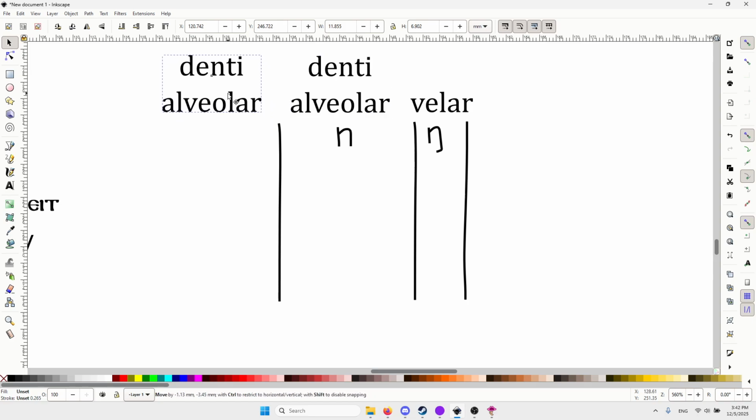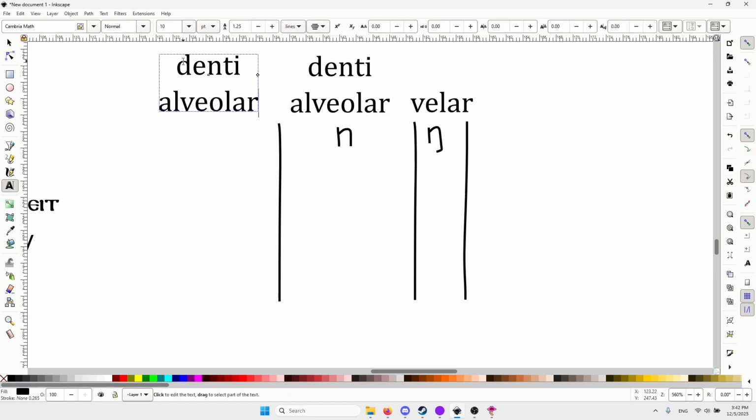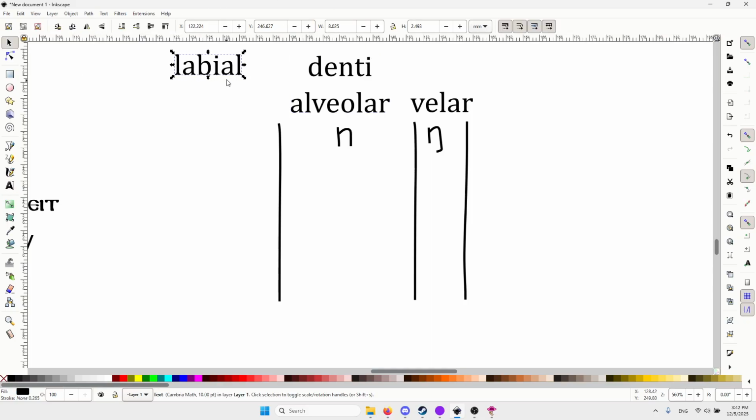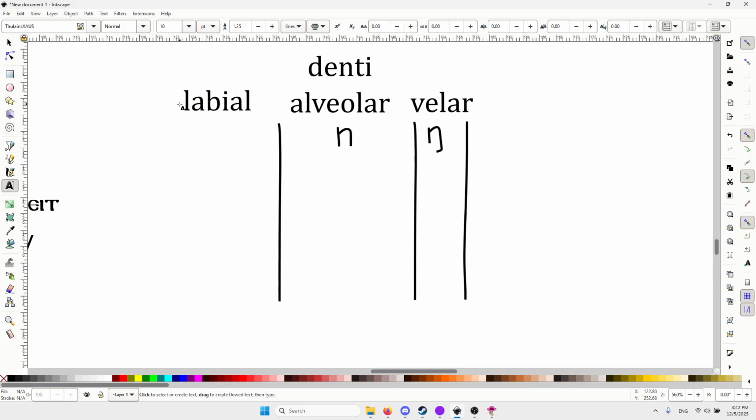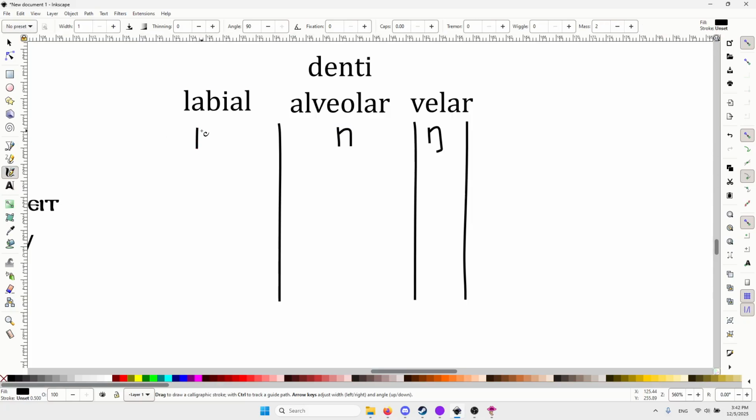And we have our labial consonants. Again, you could distinguish bilabial and all that, but we don't need to. We're just putting an M here. So ma, na, nga.